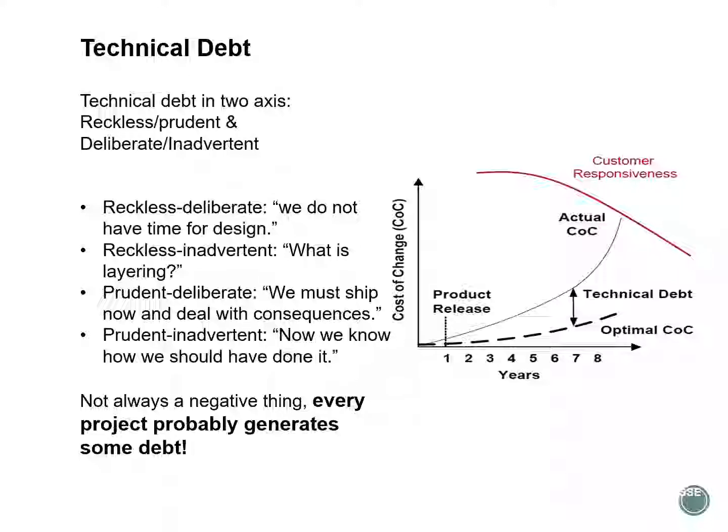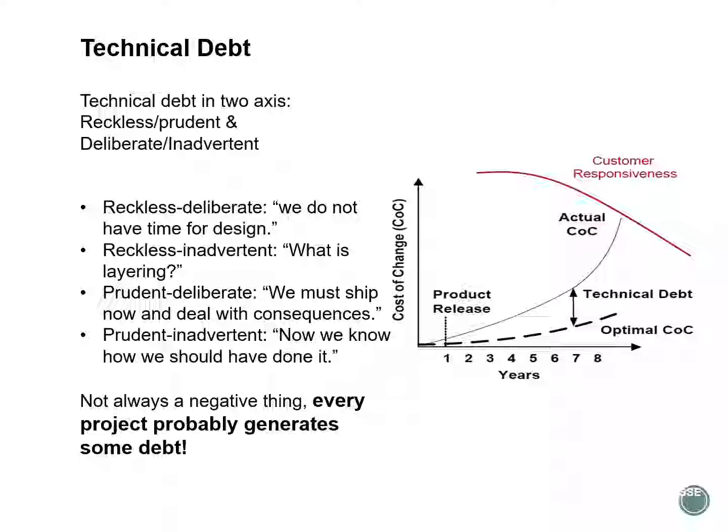The graph on the right side is not very clear, but it tries to imply the same idea: remember that it might be your experience, the prudent inadvertent.